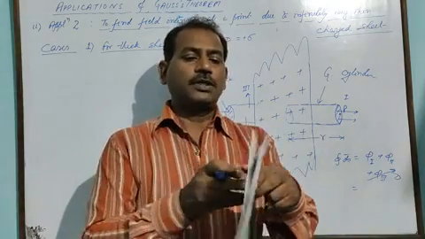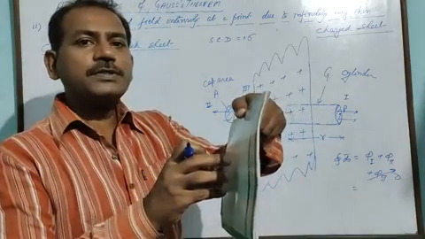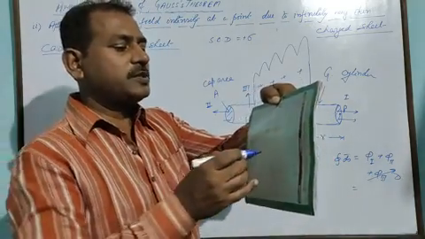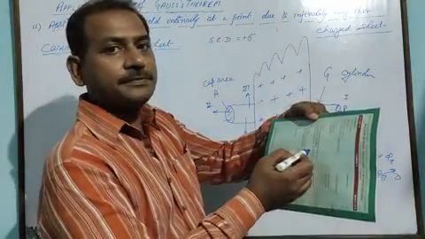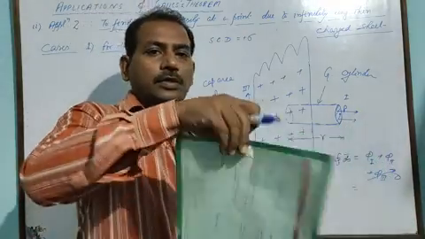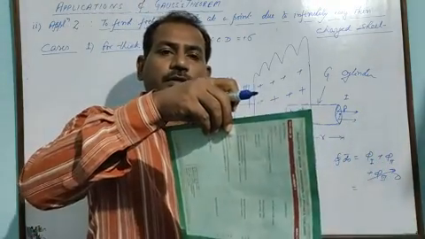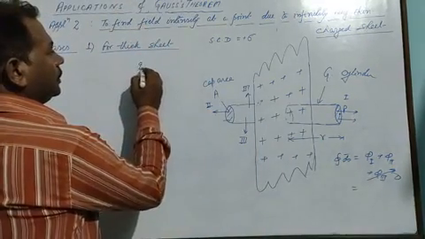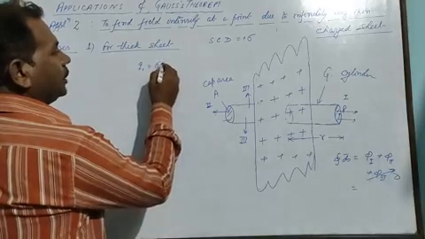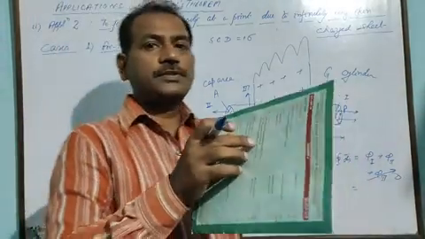This means when you are taking a Gaussian surface, the first Gaussian surface while penetrating will accept the charge from this particular place. You can understand, from this face it will collect the charge. So it will be sigma A from this place.